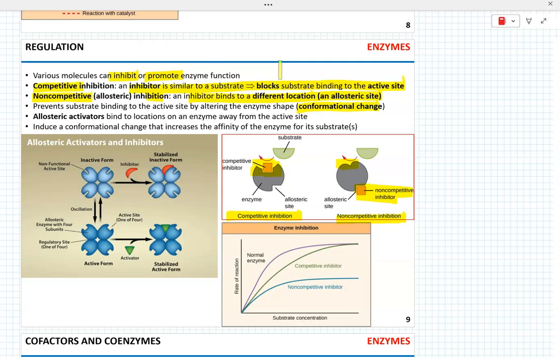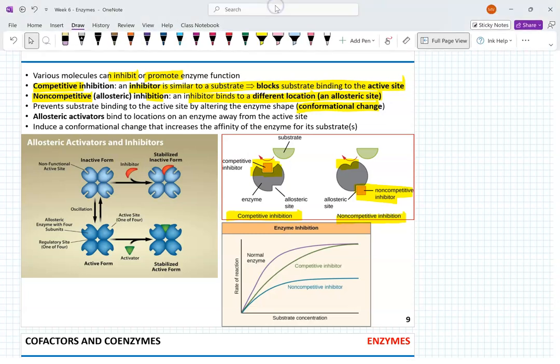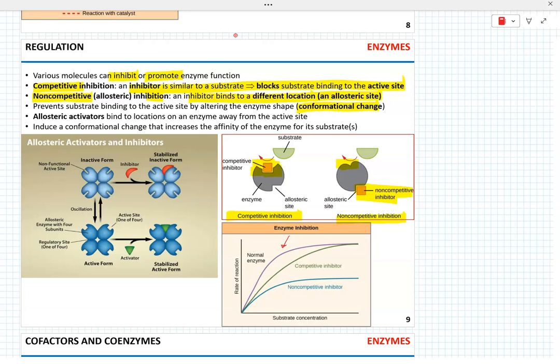If you look at the graph here, you will see that the purple line represents the rate of the reaction, how it depends on the concentration of substrate. With a competitive inhibitor, you can see that the enzyme will reach the same maximum rate of the reaction as the substrate concentration increases.